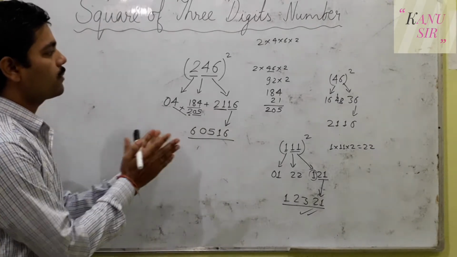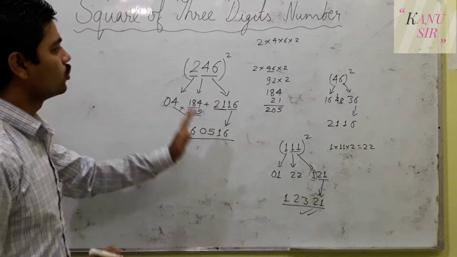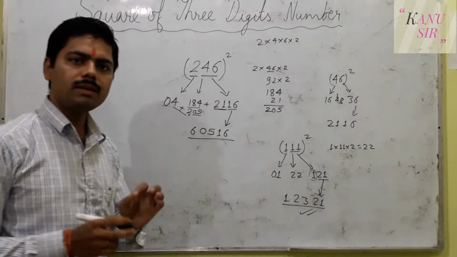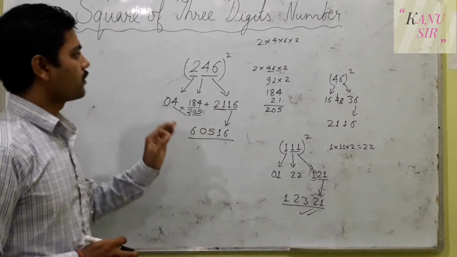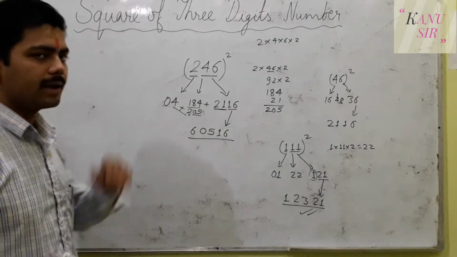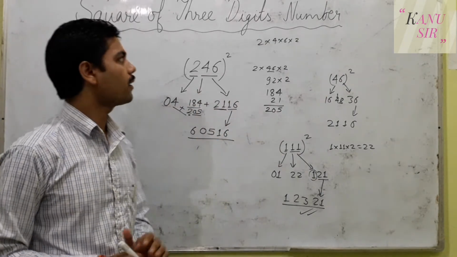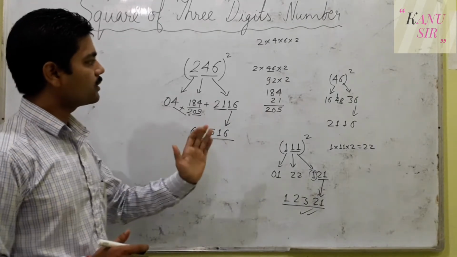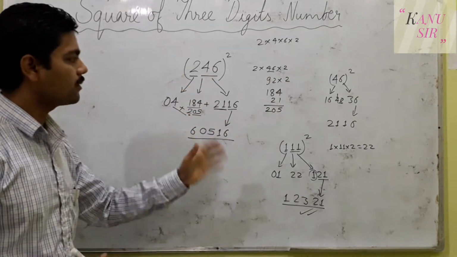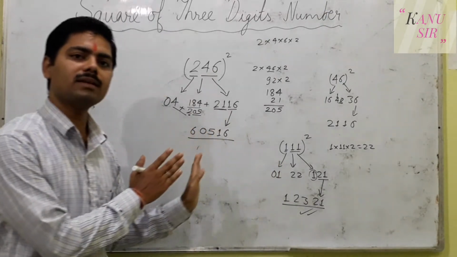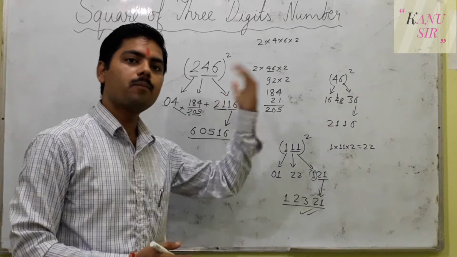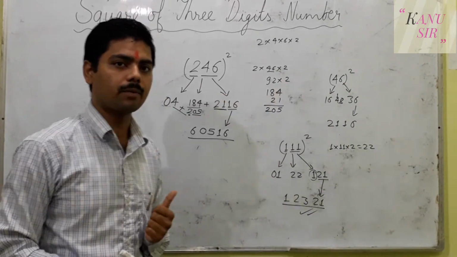This is one part of the process to do a square of a 3-digit number. But there is one more process. For that, take a break and let us do the square of a 3-digit number in a different process. If students find this easier, better stick with the same process, because this process is similar to the previous process for the 2-digit number.